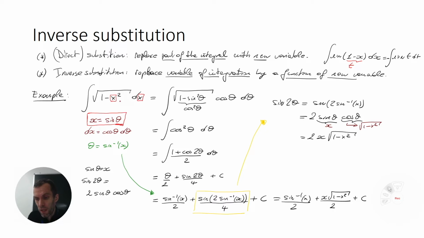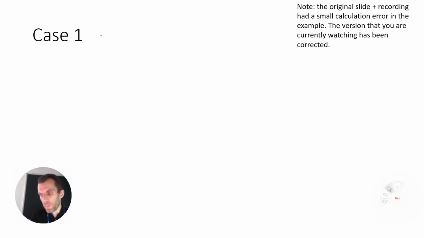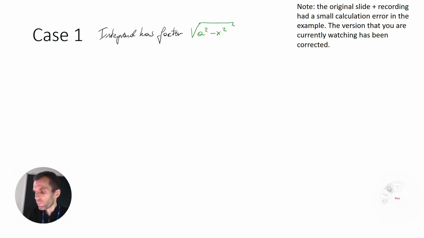And the answer is that oftentimes it depends on the form of the integrand. So in particular, if you have something that's 1 minus x squared, substituting sine or cosine is going to be a very good idea. And to make that a bit more concrete, we have a couple of special cases. For the first case, we'll look at the case where the integrand has a factor square root of a squared minus x squared, with a positive.